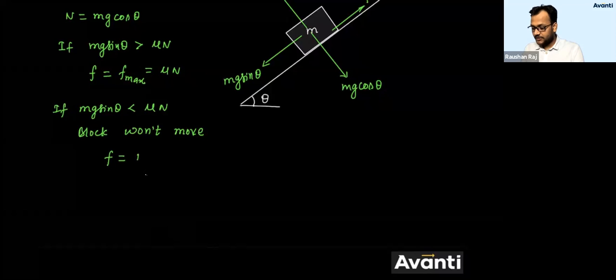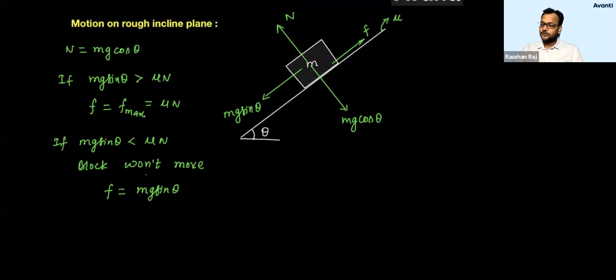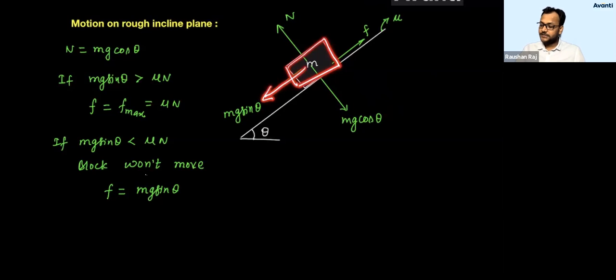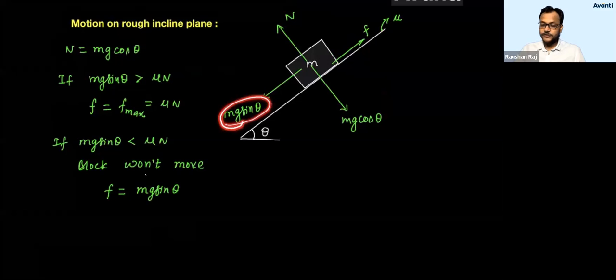F must be equal to mg sin theta itself. If the block is not going to come down, that means this force and this force must be equal. They are in opposite directions, so they'll cancel each other. Since equal and opposite forces are acting on this block, the block is not moving.